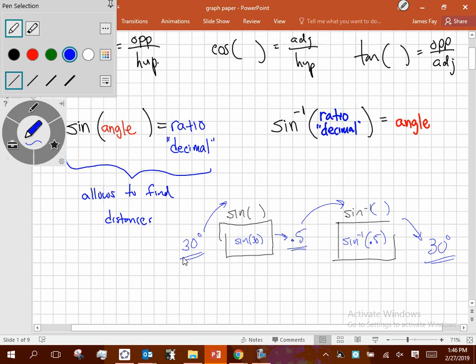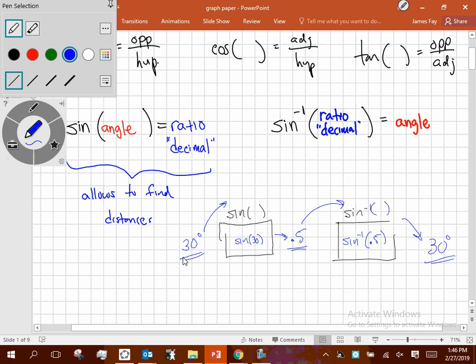Does that make sense? So it's ultimately working backwards from what we've already done in the last couple of days. Last couple of days, we started with the angle, and that generated the ratio. Now, we're going to start with the ratio. We're going to start with understanding what the side lengths are and how they divide, and that will then link us back to an angle that ultimately provides that ratio. And that's what the sine inverse, cosine inverse, tangent inverse buttons do for us.